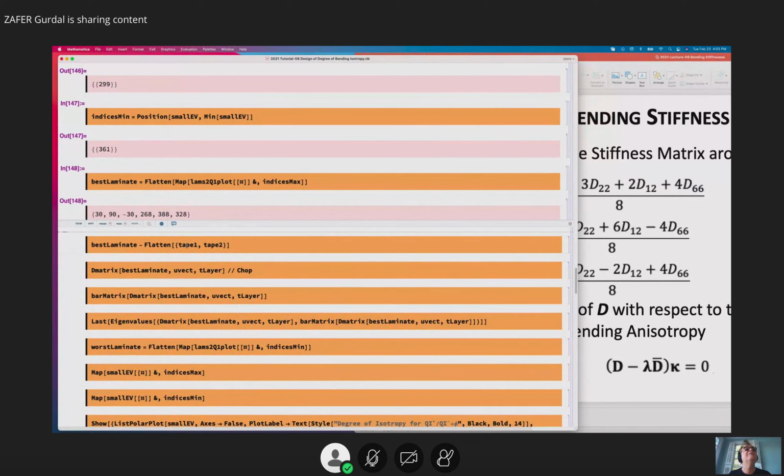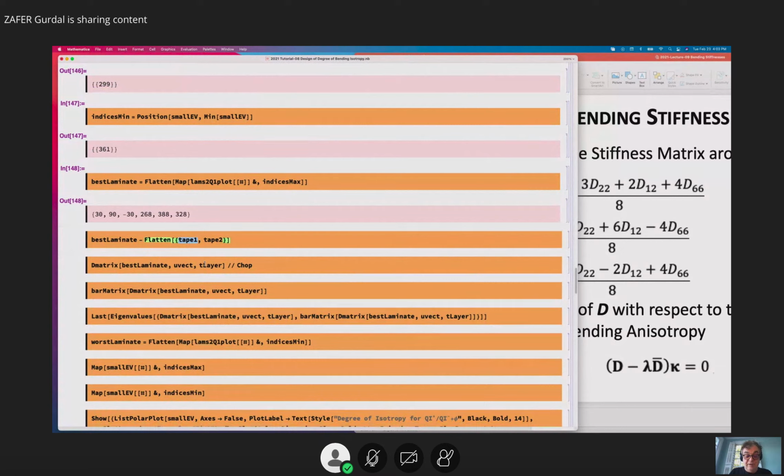flatten, minus flatten, tape 1, tape 2, QI plus for this, QI minus.